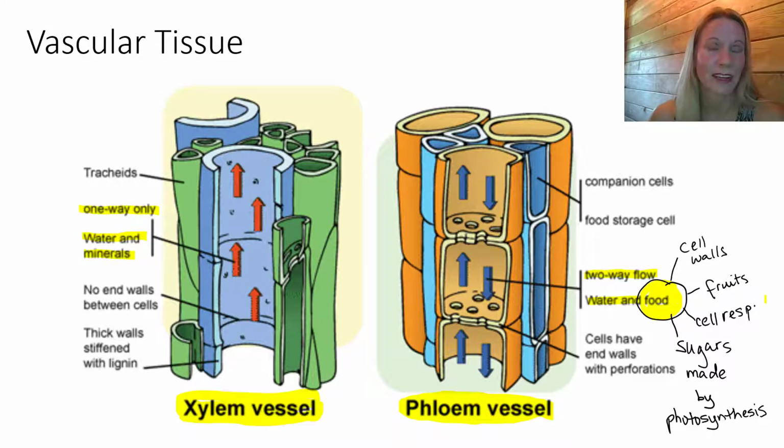Remember hydrogen bonding? Water hydrogen bonds with the sides of the vessels. In addition, it's moved by evaporative water loss that occurs at the leaves, and that creates something called negative pressure, and that allows the water to be pulled sometimes hundreds of feet in the air from the roots to the leaves through the xylem.